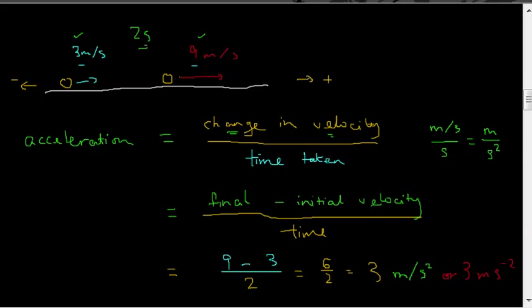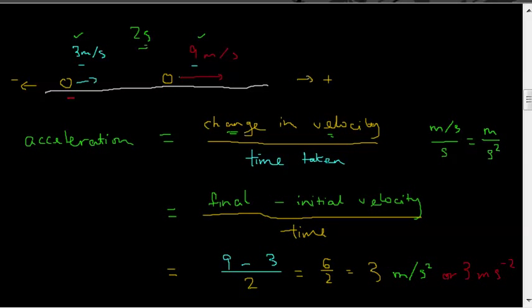Now if you think about it, 3 meters per second squared really means that every second the velocity changes by 3 meters per second. So if you look back at the picture with the starting ball, at first it's 3 meters per second, so every second the velocity increases by 3 meters per second.